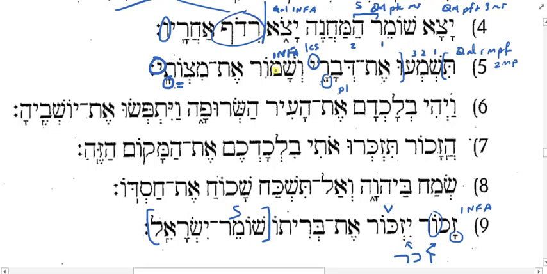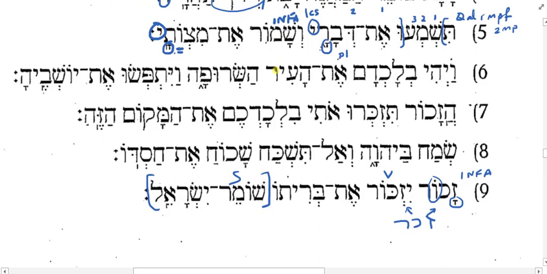Number 7. Let's look at number 7 here. I'll read this. Ha-zakor tizkeru oti bil'kodchem et hamakom hazeh. All right. I have a ha here attached to the beginning of something. And what it's attached to is at the beginning of the sentence.